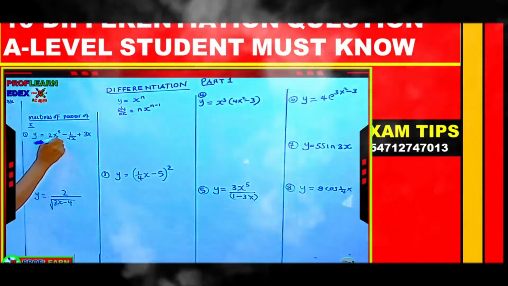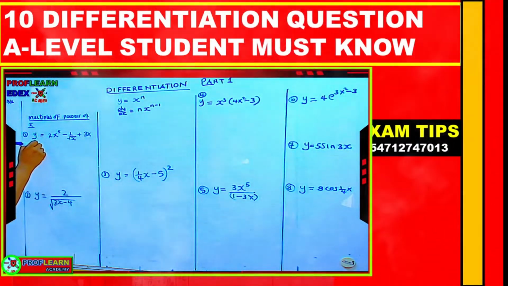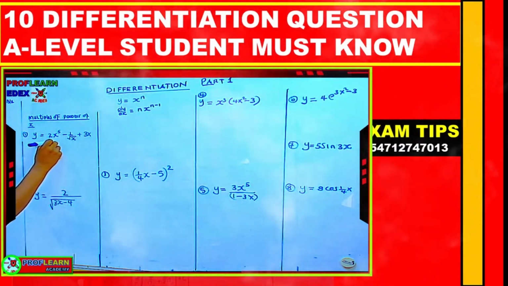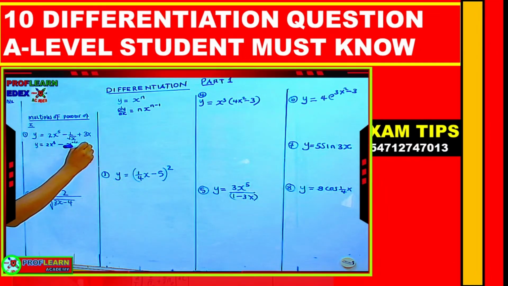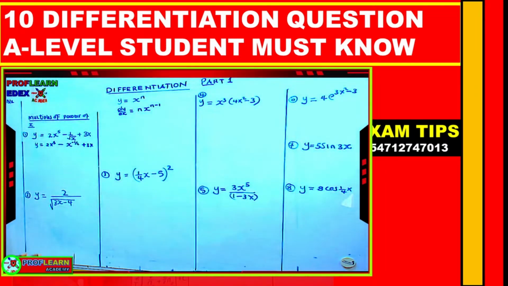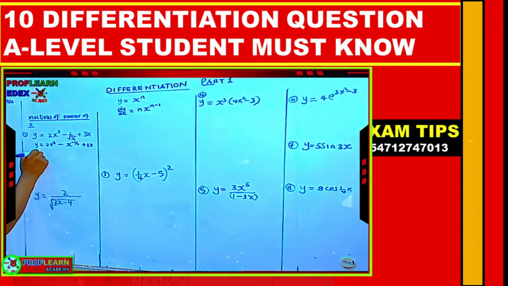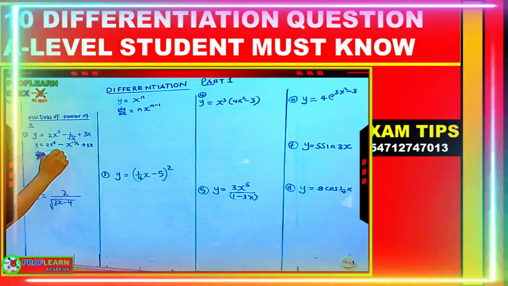So here I'm going to rewrite this equation so that I have y equals 2x^5 minus, this can be written as x raised to power negative 1/2, plus 3x, so that I remove this square root from down here. So dy/dx in this case is going to be, this is basically 5, I'll take it down so that it becomes 10x^4.